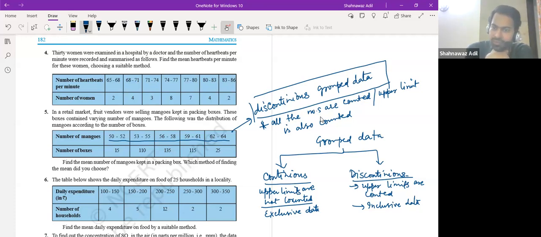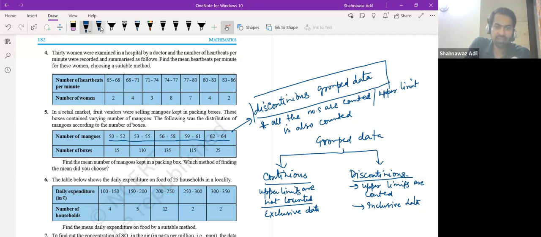Noted, everyone. So what are the numbers? Counted. Yeah, so the upper limit is also counted. This is the difference between the continuous and discontinuous data.